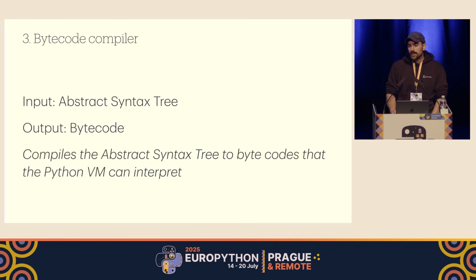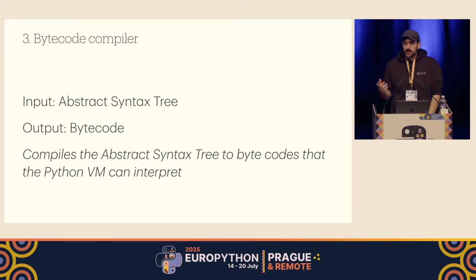We're going to the next part, the bytecode compiler, which takes that tree-like structure and actually emits bytecode that the Python VM can understand. Bytecode, in case you were here before for some of the previous talks about the JIT or about CPython, is those sort of units of work that the interpreter needs to do in order to run your code.